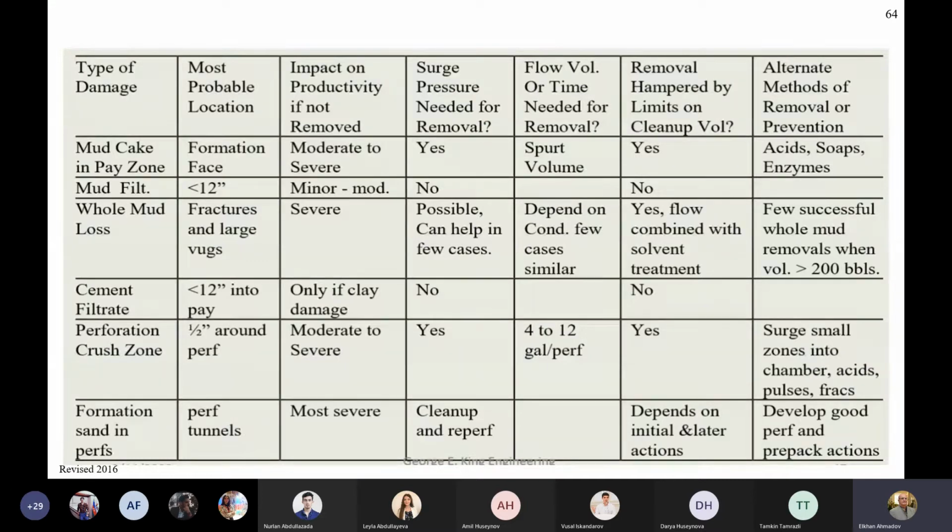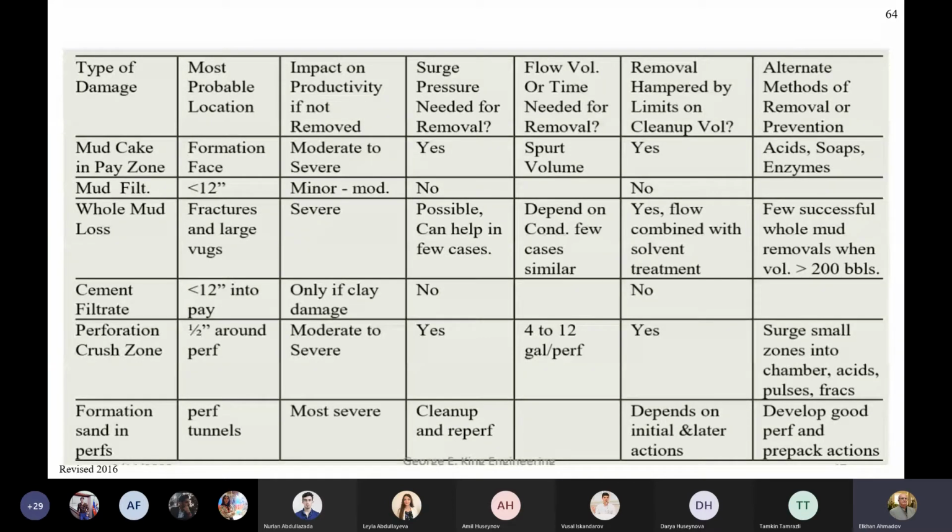And what kind of flow volume or time is needed for removal here? For the mud cake, we may need spurt volume. It means we flush it at a very high rate for a very short time to remove this mud cake. It is difficult with the cleanup volume, so we cannot apply it.